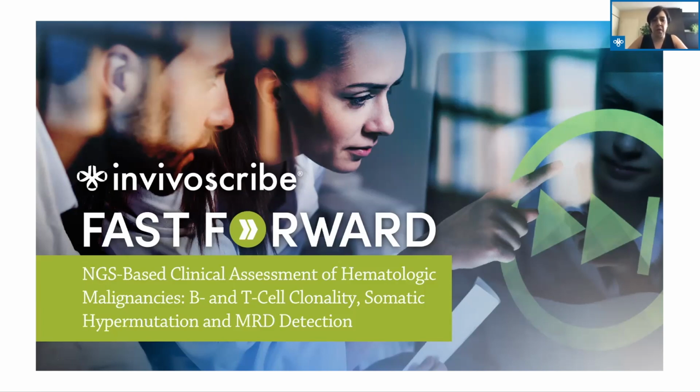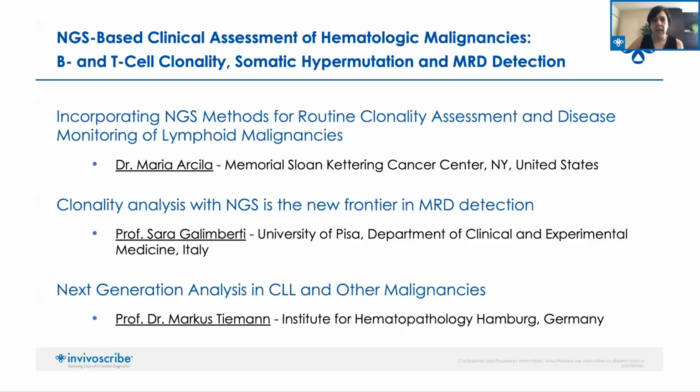We're going to have two excellent speakers joining me to talk about different NGS methods for clinical assessment of hematologic malignancies, both B and T cell clonality, somatic hypermutation assessment, as well as MRD detection.